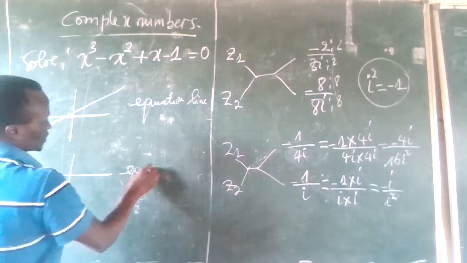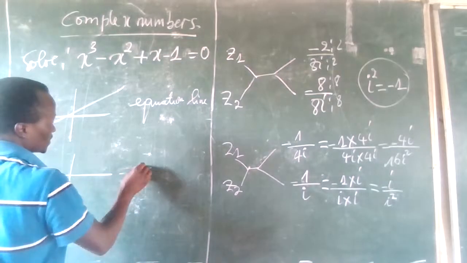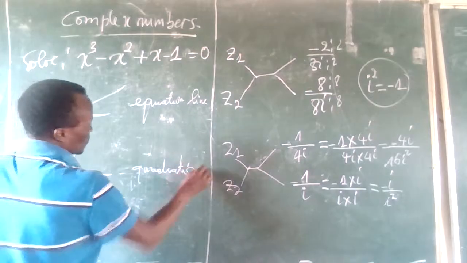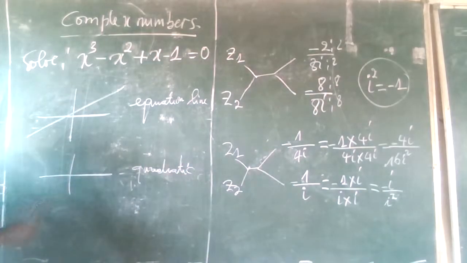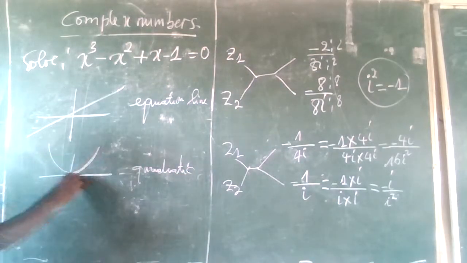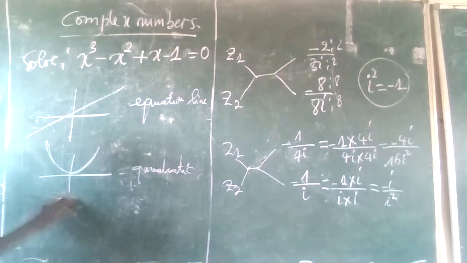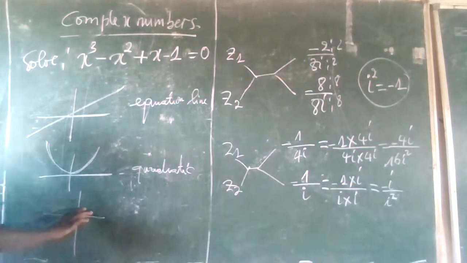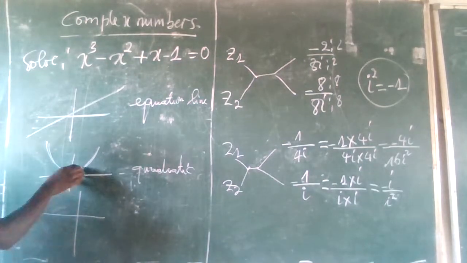The equation of a quadratic, this is the quadratic equation, where we have our parabola. This is the Cartesian plane, where we have two axes, y and x. About the parabola, it is this one.